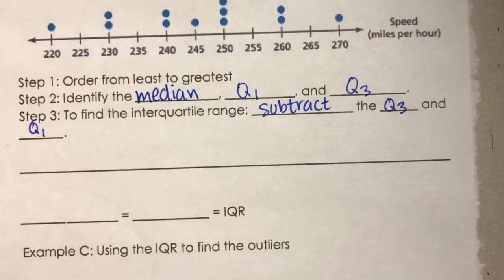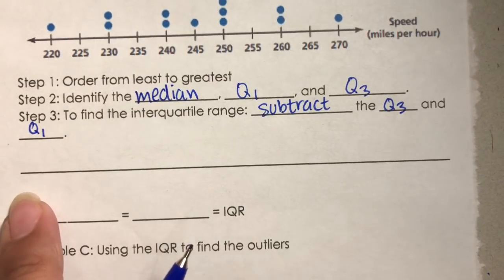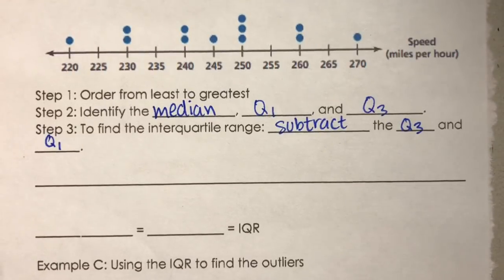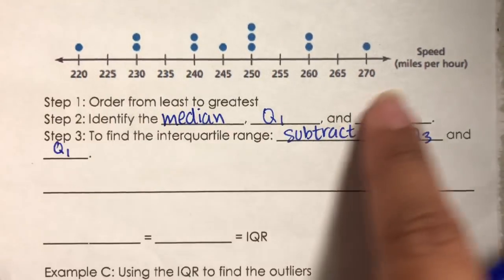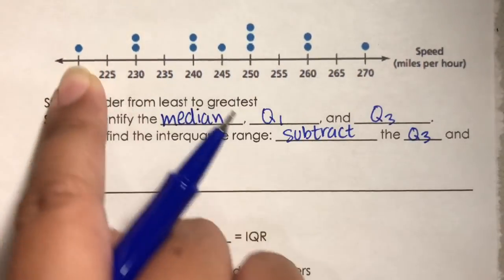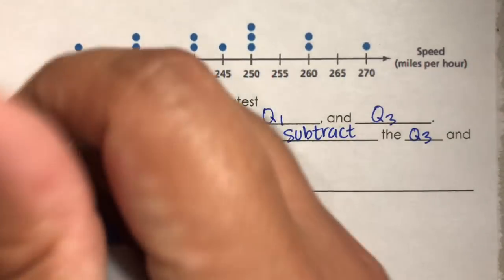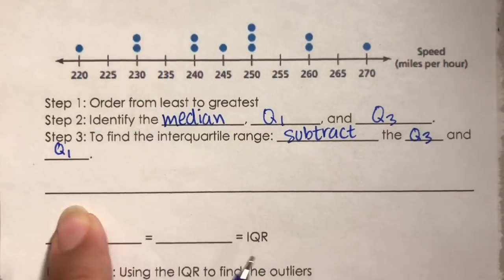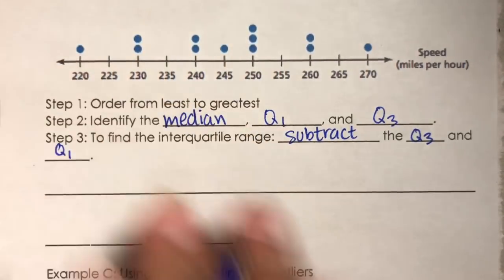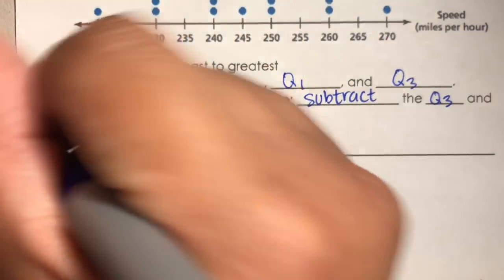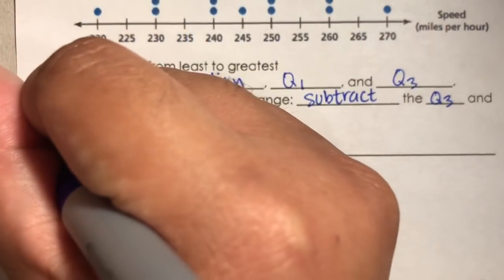Okay, so first thing we've got to do is order our numbers from least to greatest. So these are our numbers in our data set, and this dot plot is going to show us how many times the number occurs in the data set. I'm going to start from here because it is a lot of numbers. So we'll start with 220 because there's only one 220.